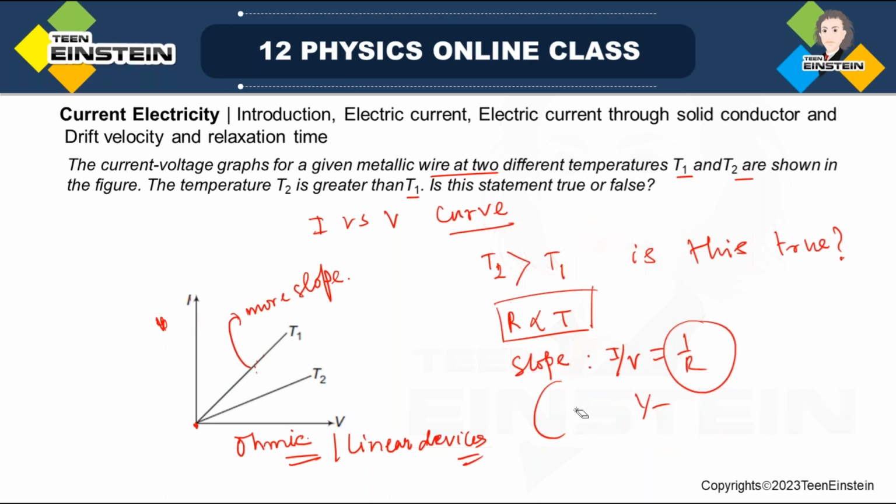Let me check from here itself. Resistance is equal to 1 over slope.